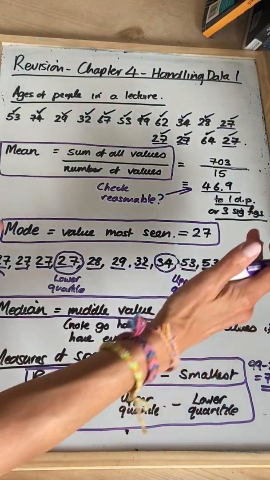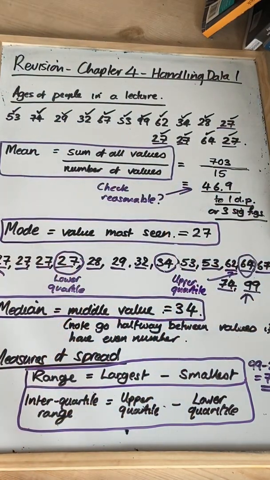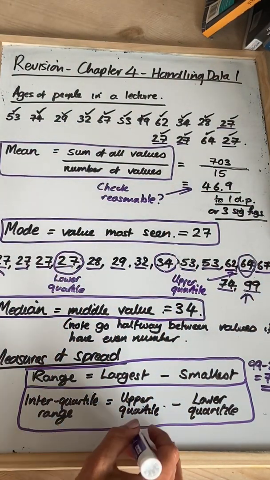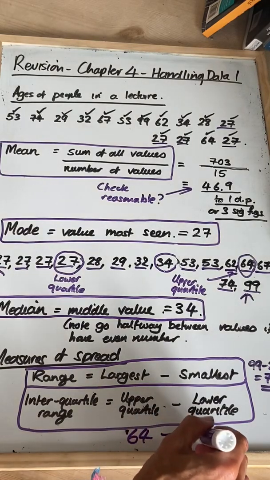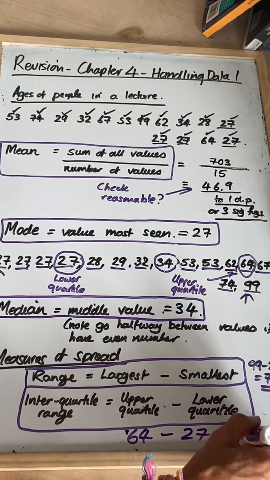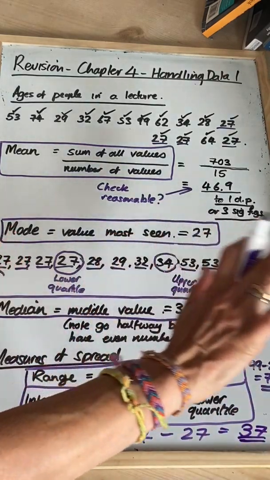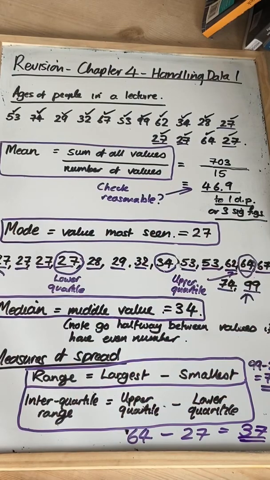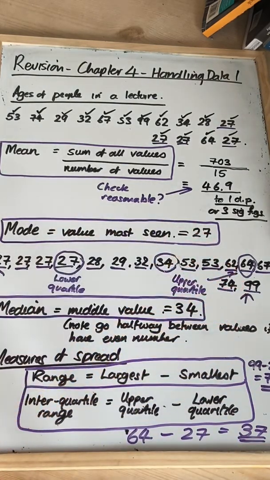So your interquartile range is your upper quartile minus your lower quartile. In our case on this question, it's 64 minus 27, which I think is 37. That isn't looking at the extremes of your data. It's just looking at that middle section and seeing how spread out that is. There's a spread of 37 years over the middle section of your data.